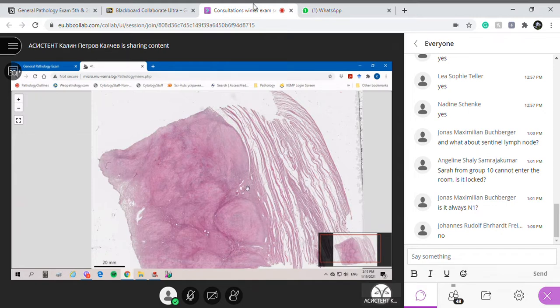That means that this tumor is fully benign. So here we have features of a benign tumor. As it originates from the smooth muscles, we define that as a leiomyoma.